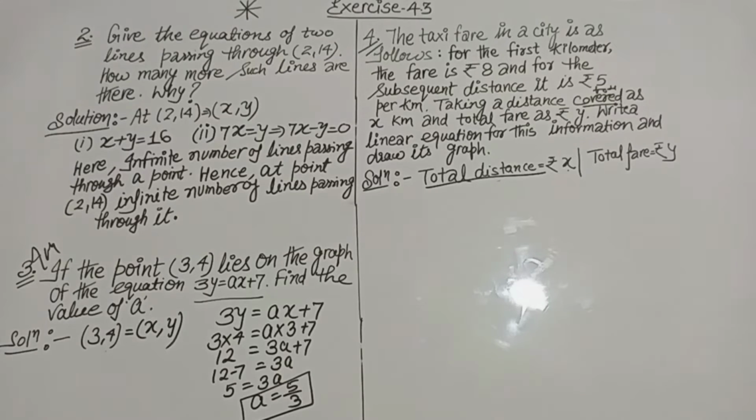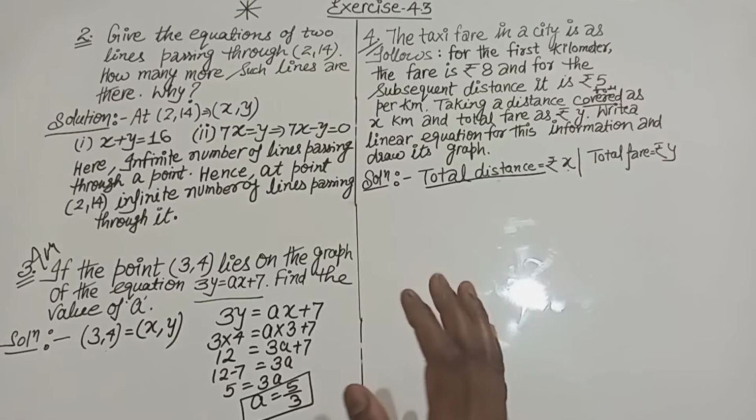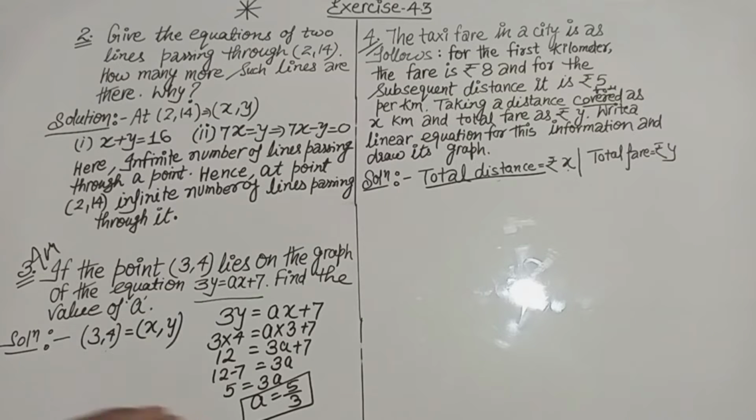If I need to go 5 kilometers, and for each kilometer the tempo driver takes 4 rupees, then the total distance is 5 and the per kilometer rate is 4.